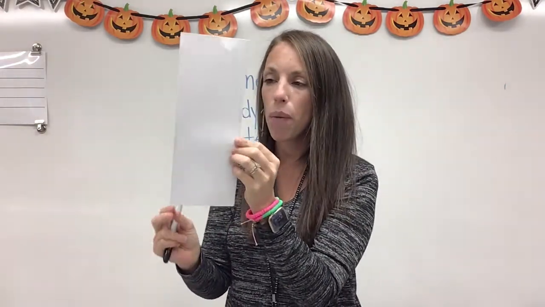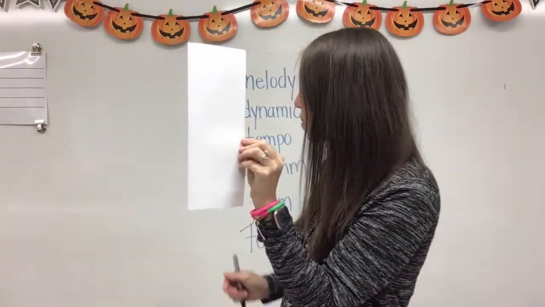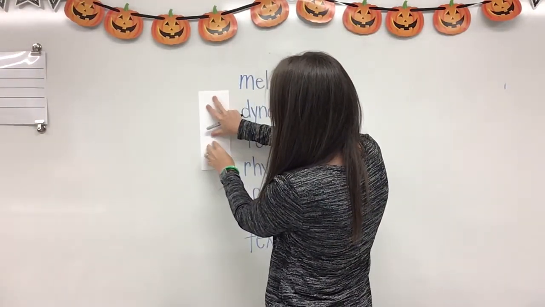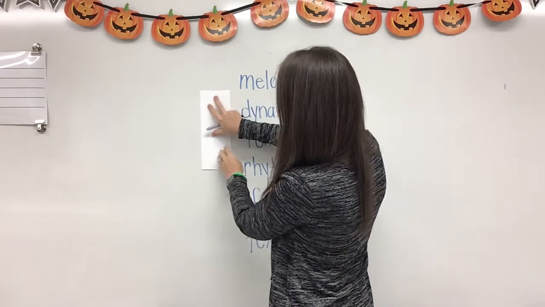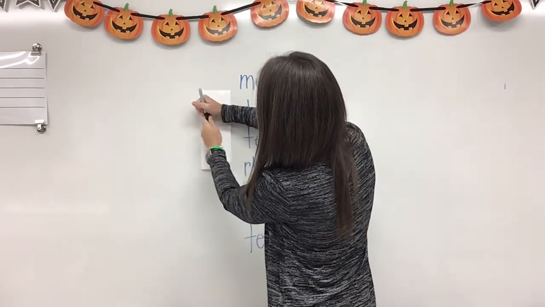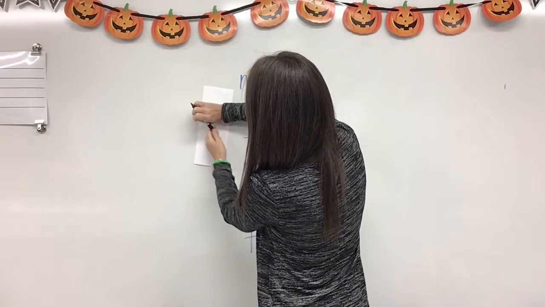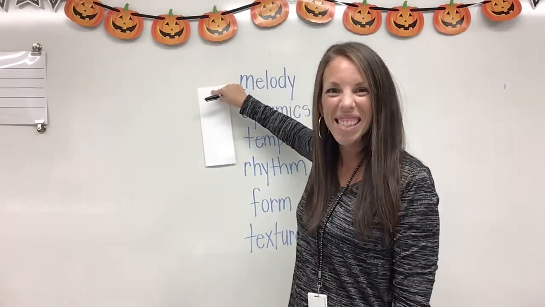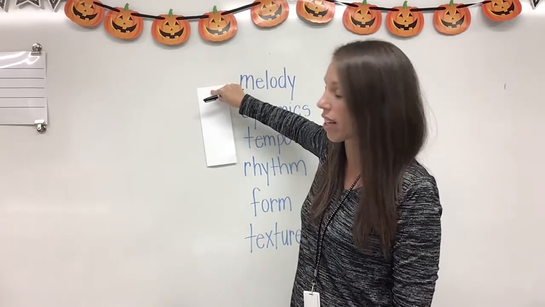Okay, so I want you to lay that paper in front of you so that the crease is on the left side. So we have to divide the front of our flipbook into 6 equal sections.